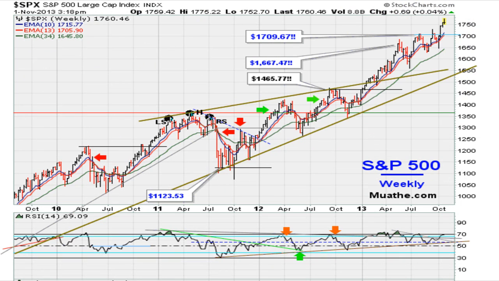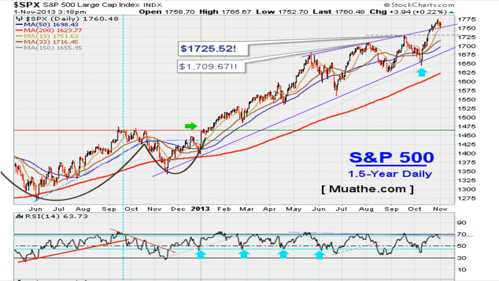If we take a look at the daily, I was expecting resistance just because the RSI on the daily has been stalling at this level here. We seem to have hit a rough patch the last couple of days because we've been contending with this RSI level where resistance has been taking place.